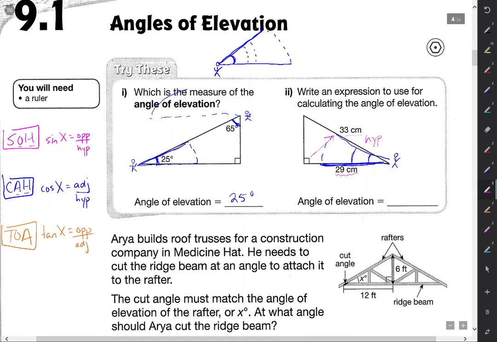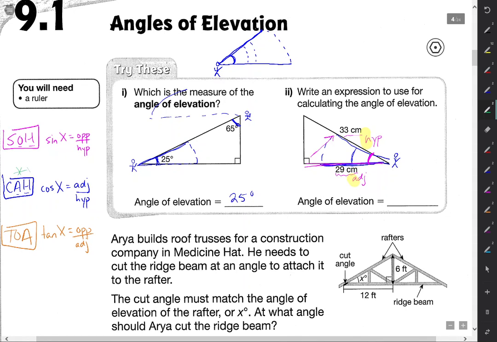And then the 29 centimeters, well, that's the side that's right beside the angle that we're dealing with. So we're dealing with this angle down there. So this side is right beside it, meaning it's adjacent to it. So this would be the adjacent side. Now we need to see which one of our trig ratios has an H in it and an A in it. The one that has an H and an A would be cosine.